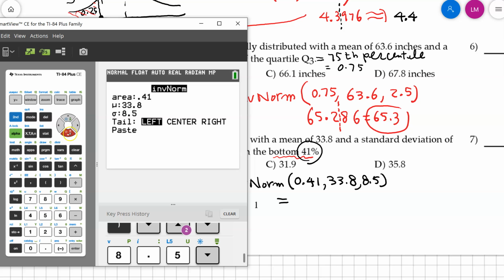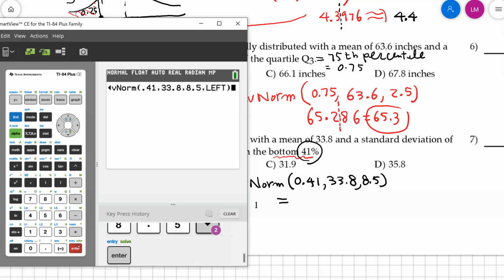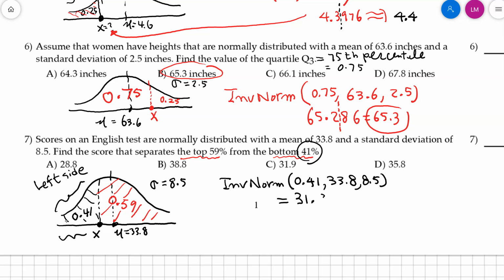And then left, paste, hit enter one more time. 31.8658. They only have one decimal, so round to 31.9, which is C.